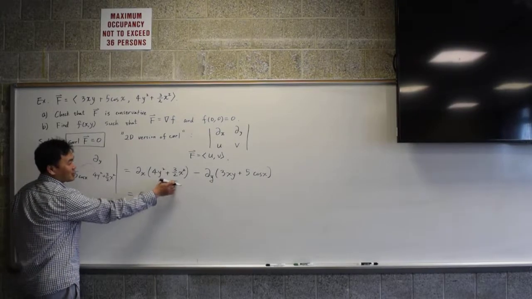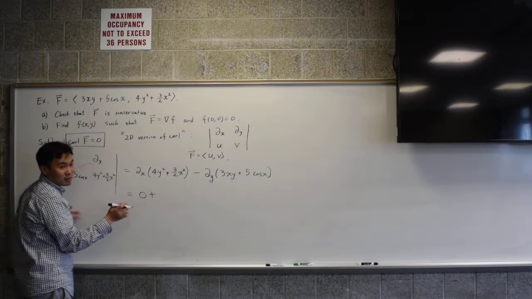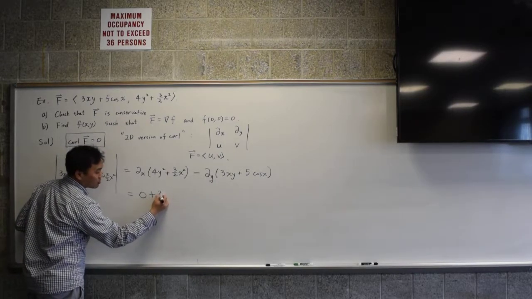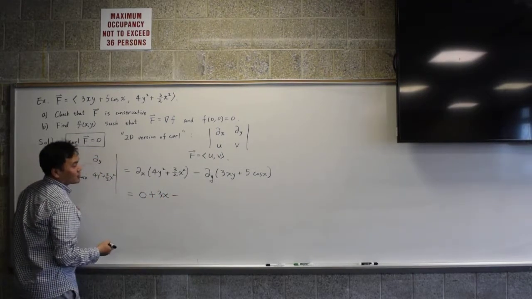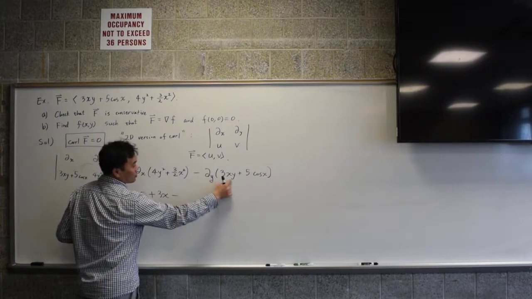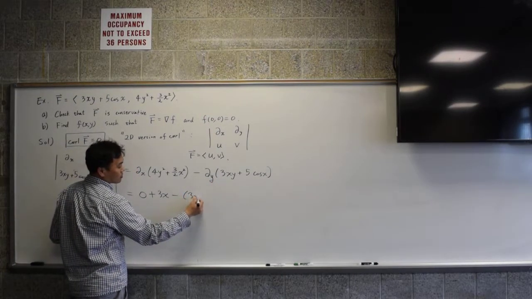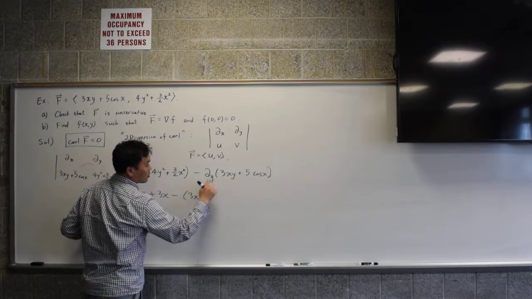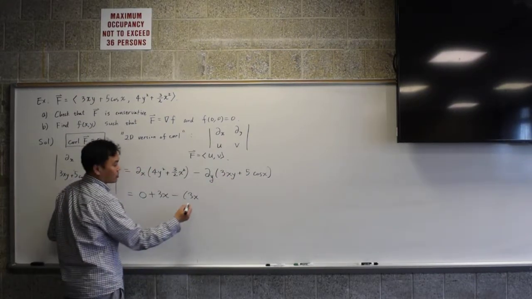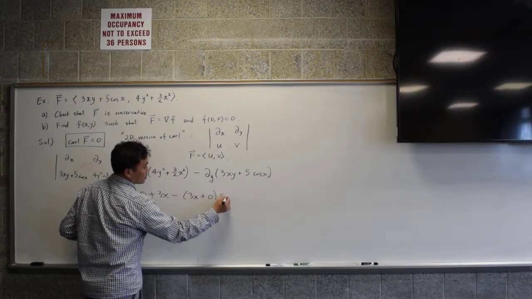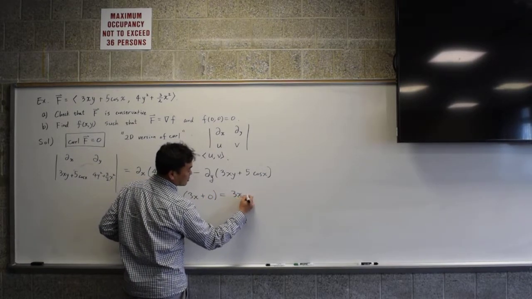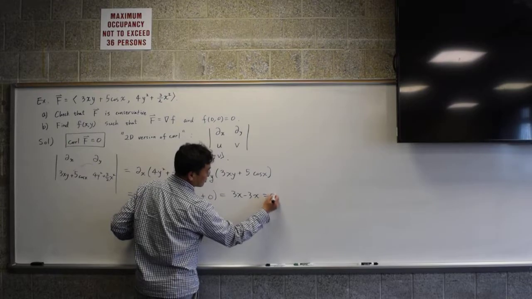What's the derivative of this with respect to x? 3x. 3x, thank you. And then if you differentiate this by y, you get 3x. If you differentiate this by y, you get 0. Therefore, you end up with 3x minus 3x, which is equal to 0.